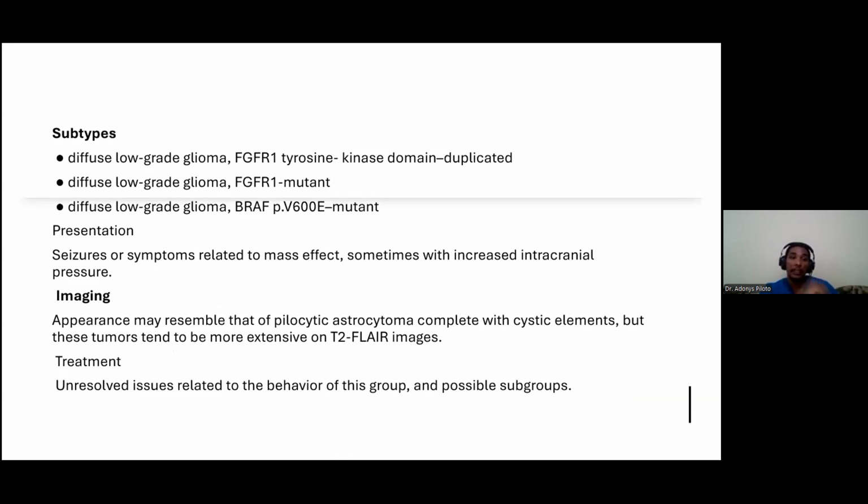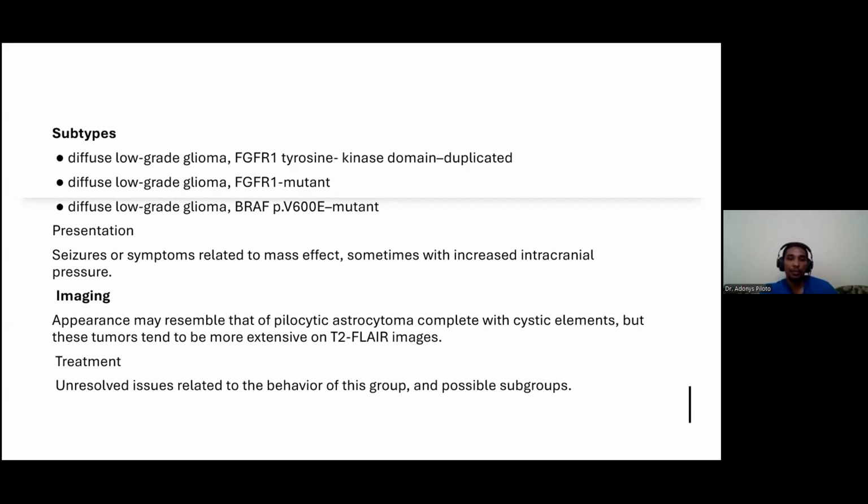Subtypes include diffuse low-grade glioma, FGFR1 tyrosine kinase domain duplicated; diffuse low-grade glioma, FGFR1 mutant; and diffuse low-grade glioma, BRAF V600E mutant.